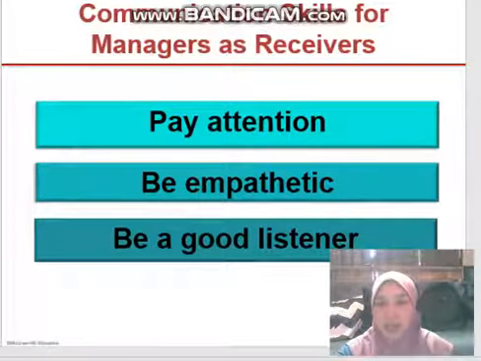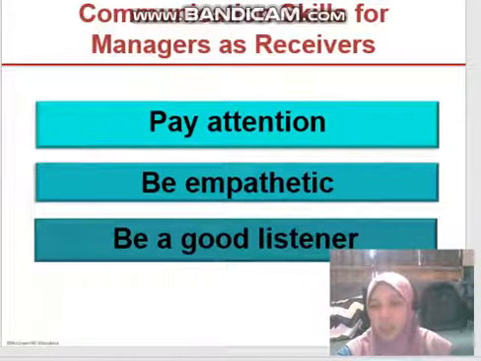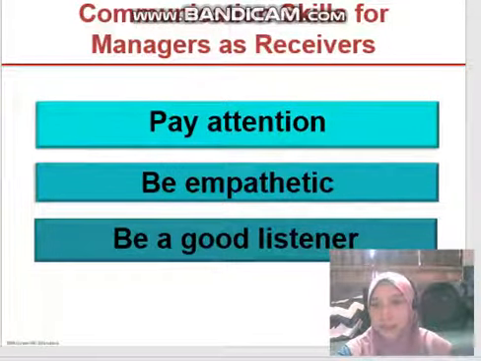The second communication skill is to be a good listener. Managers should refrain from interrupting the sender in the middle of a message so that senders do not lose their train of thought and managers do not jump to conclusions based on incomplete information. That's why you need to be a good listener.